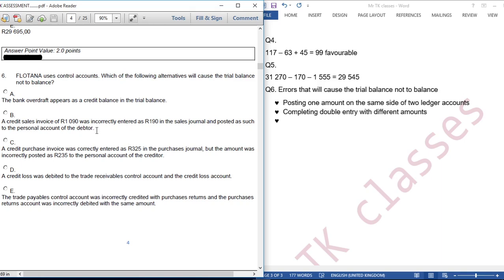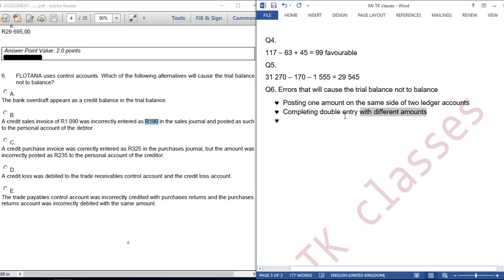The amount was wrong, but this amount is the amount that was used to do all the entries. So this is out. Now we look at C.